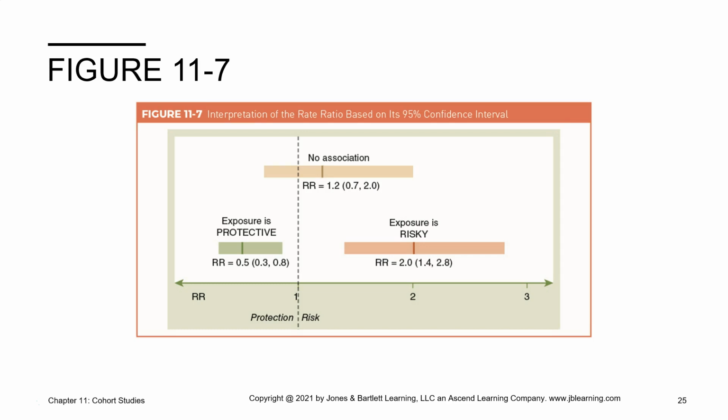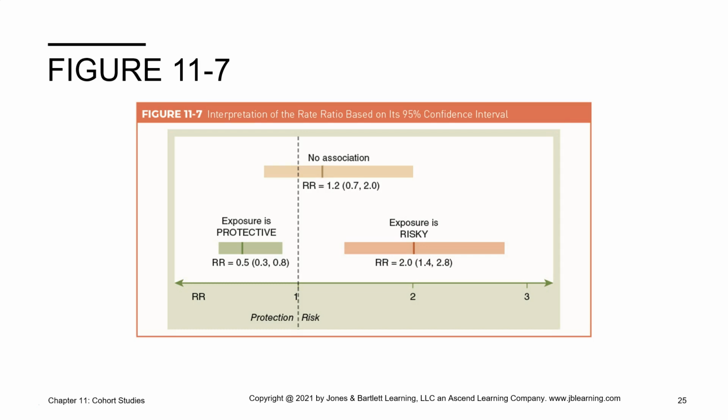So now we also want to always calculate with them a confidence interval. So anytime we calculate a relative risk, we want to calculate the confidence interval to show whether or not it's statistically significant or not between those two groups. And usually a computer program like SAS or Stata will do that for you, although it can be done by hand.